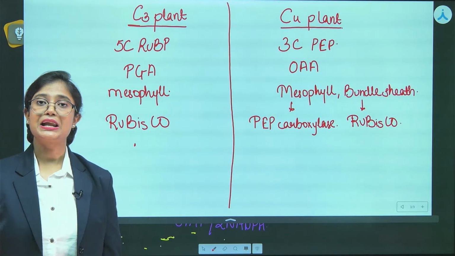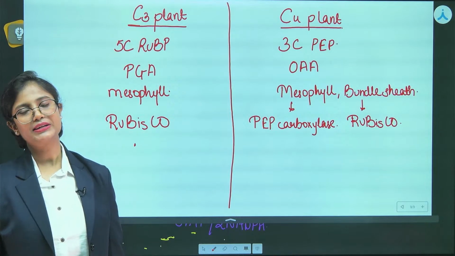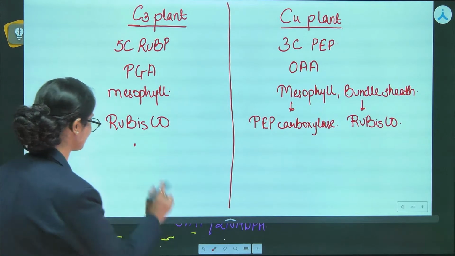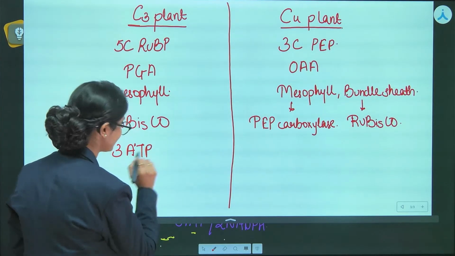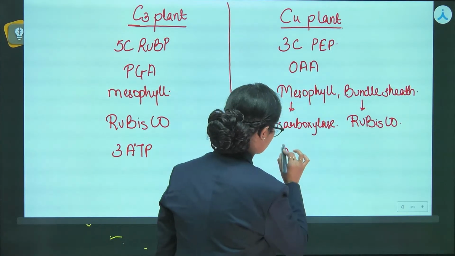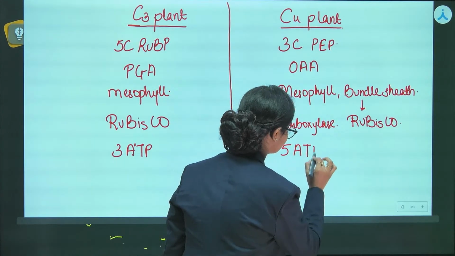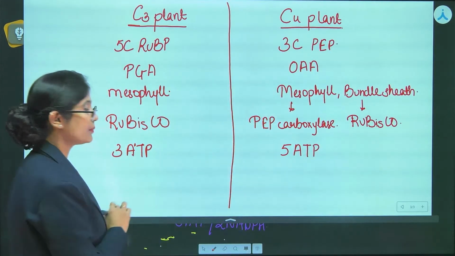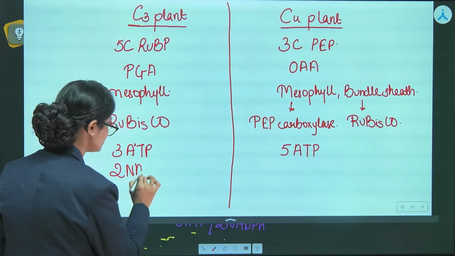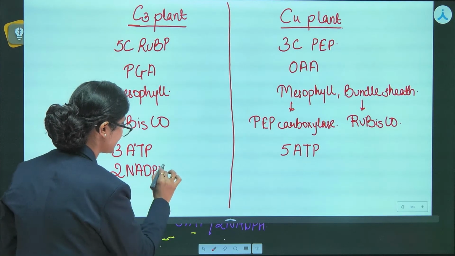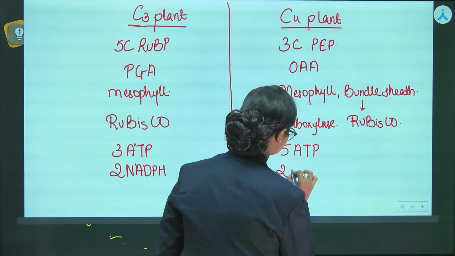Now, if we see the number of ATP which are required to fix the single carbon molecule, so here 3 ATP are required and here 5 ATP are required. If we talk about the number of NADPH, in both 2 molecules of NADPH are required.